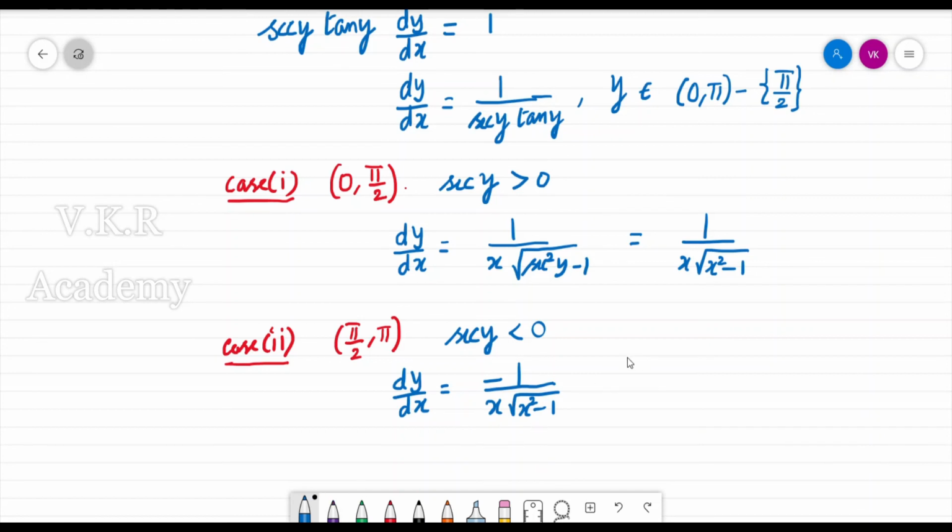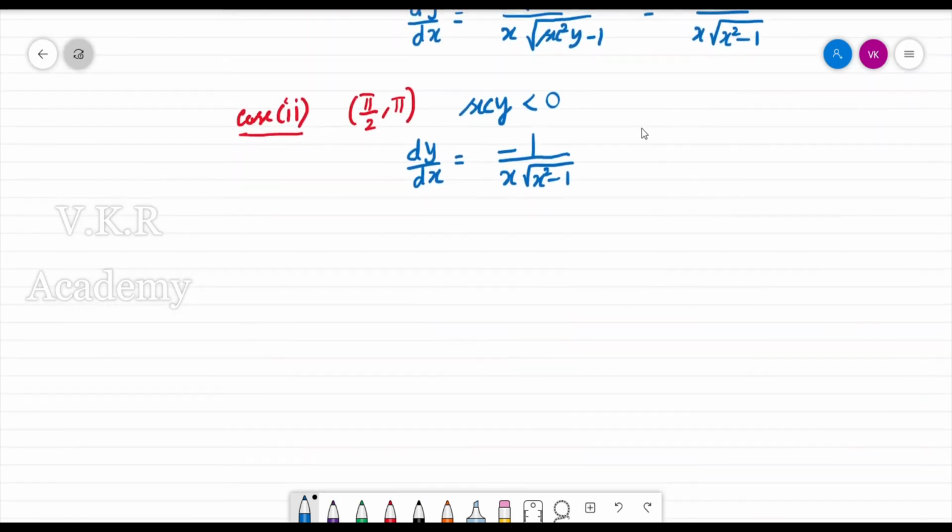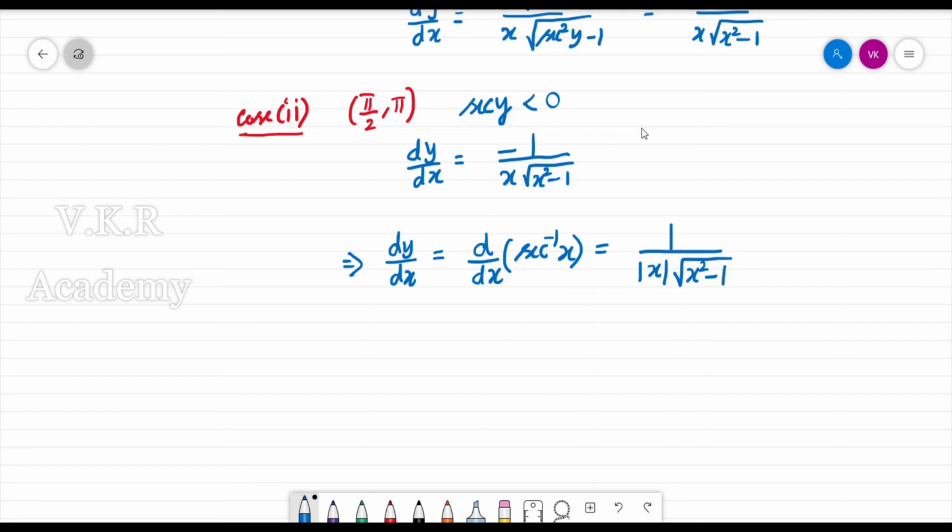So, combining both the results, we get dy by dx, that is y is secant inverse of x, d by dx of secant inverse of x is equal to 1 by mod x into root of x squared minus 1.